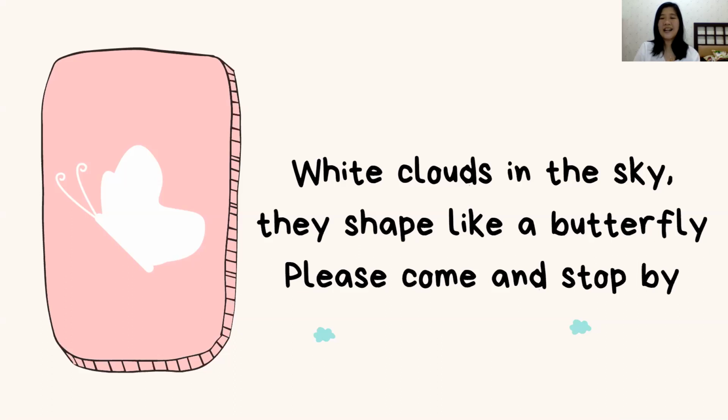You need to count the syllables on each line. But how about if we try to read the poem together first? Okay, let's try. White clouds in the sky. They shape like a butterfly. Please come and stop by.